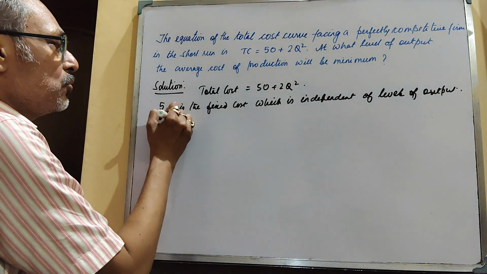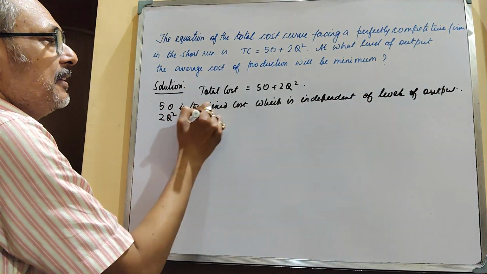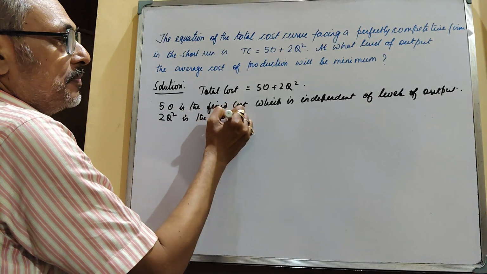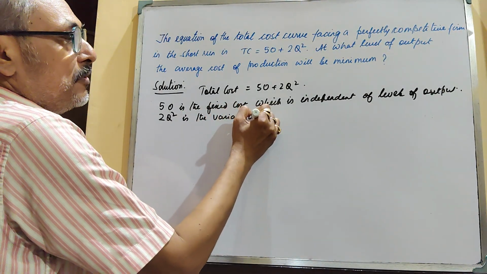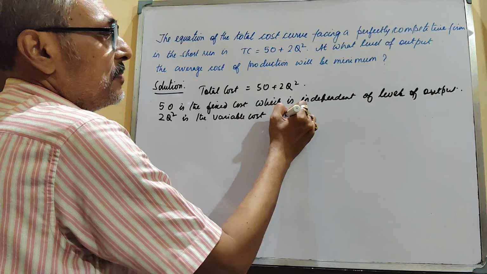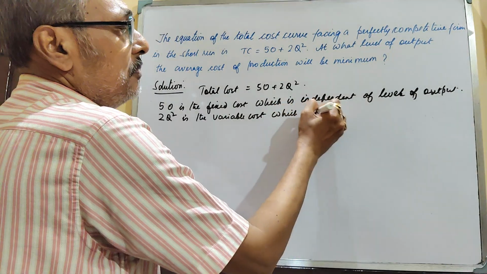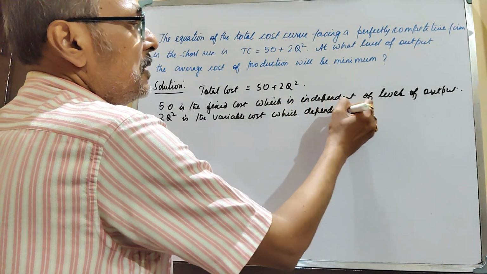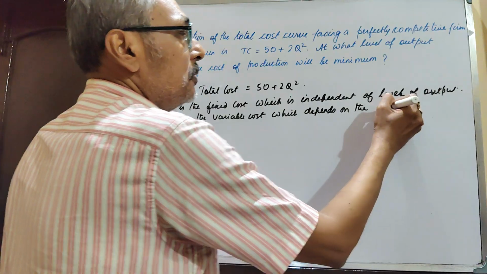Now 2Q squared is the variable cost, which depends on the level of output.